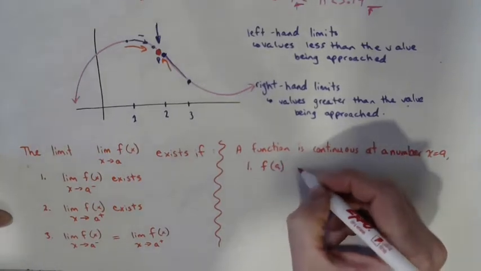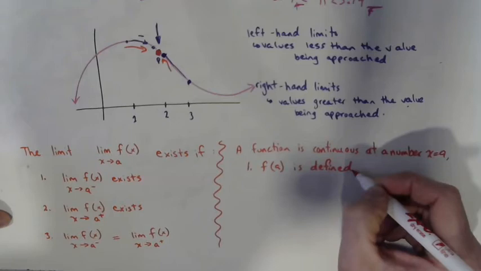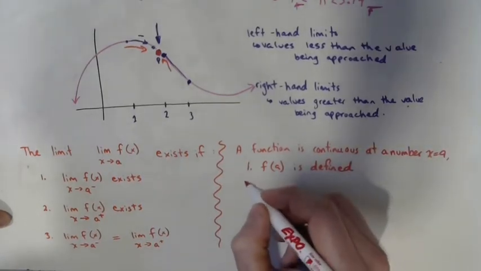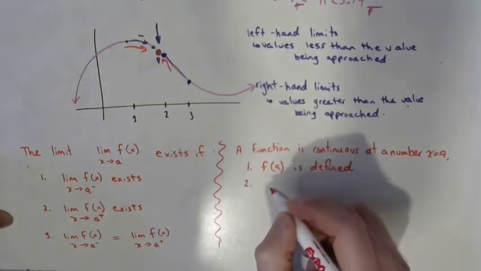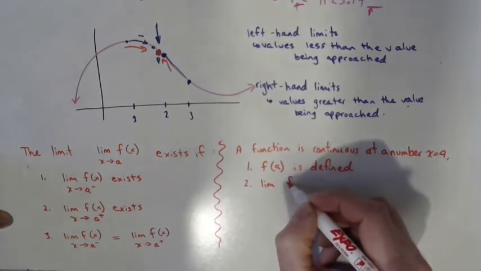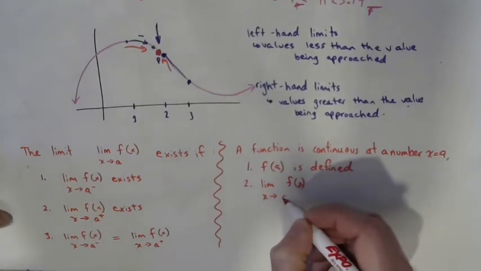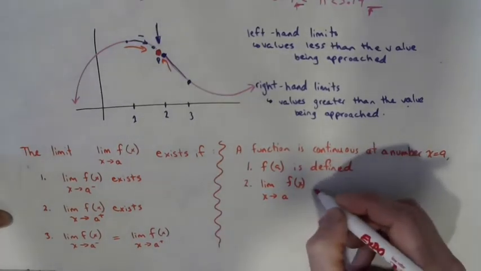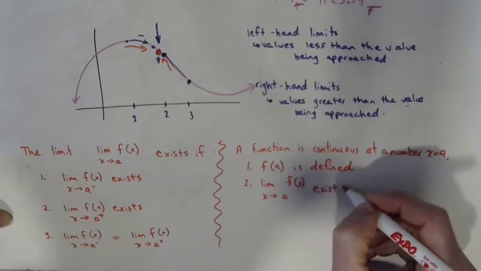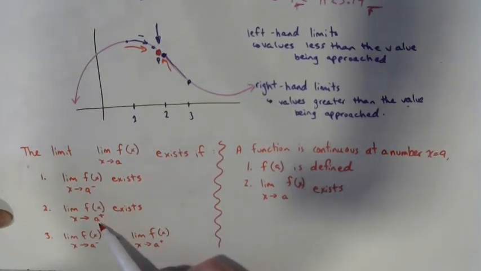One, f of a is defined. Okay, so it's not an asymptote or a gap or anything like that. Two, the limit of f of x as x approaches a exists. And remember, that has to approach from the left and from the right, and they have to be the same limit.